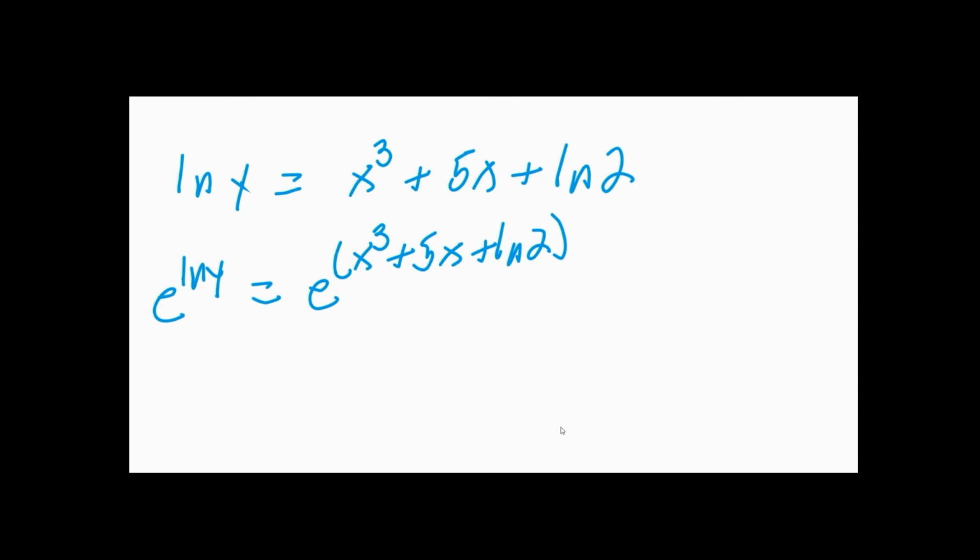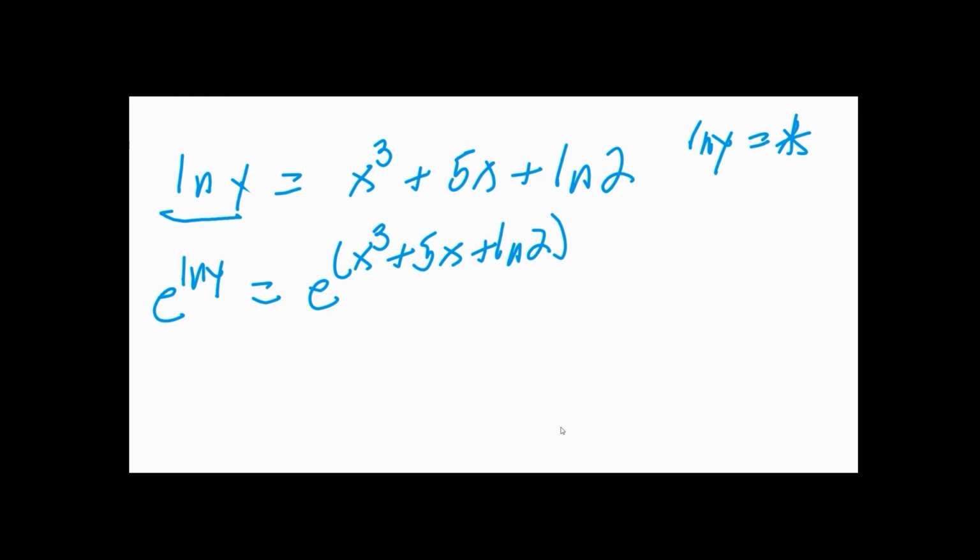Now, what's e to the power of ln y? So let's think about ln y. Again, a logarithm finds exponents. So what ln y equals is the exponent that I raise e to in order to get y. That's what ln y equals. So let's just say ln y equals some symbol, asterisk.